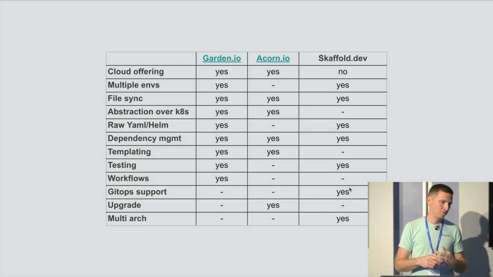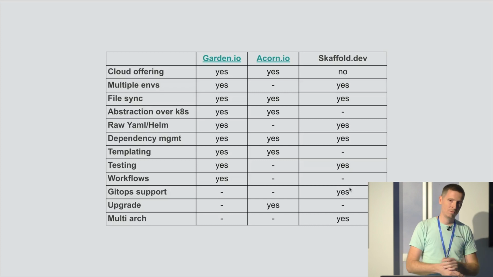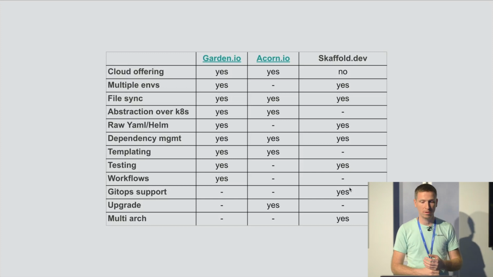It doesn't have that abstraction over Kubernetes, so when you start, you have to build your Kubernetes YAMLs, but it's a very good alternative, and it was interesting because it just came out with a new version, V2, a year ago, which contains these features: the multi-arch, the GitOps, the rendering.